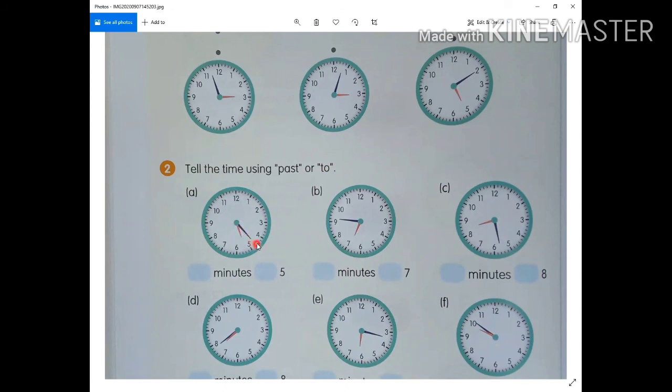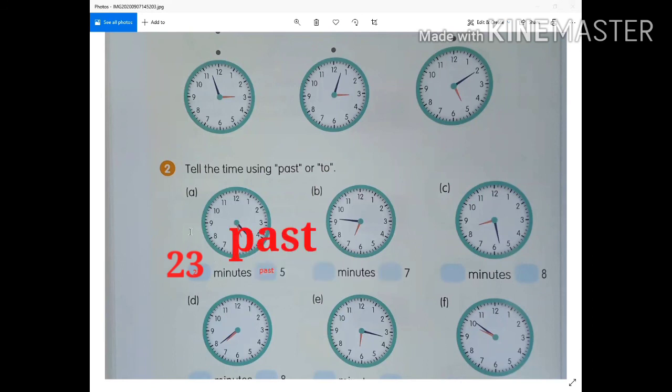And then the hour, I mean, it is past 5. So you can say that the time is, yes, 23 minutes past 5.